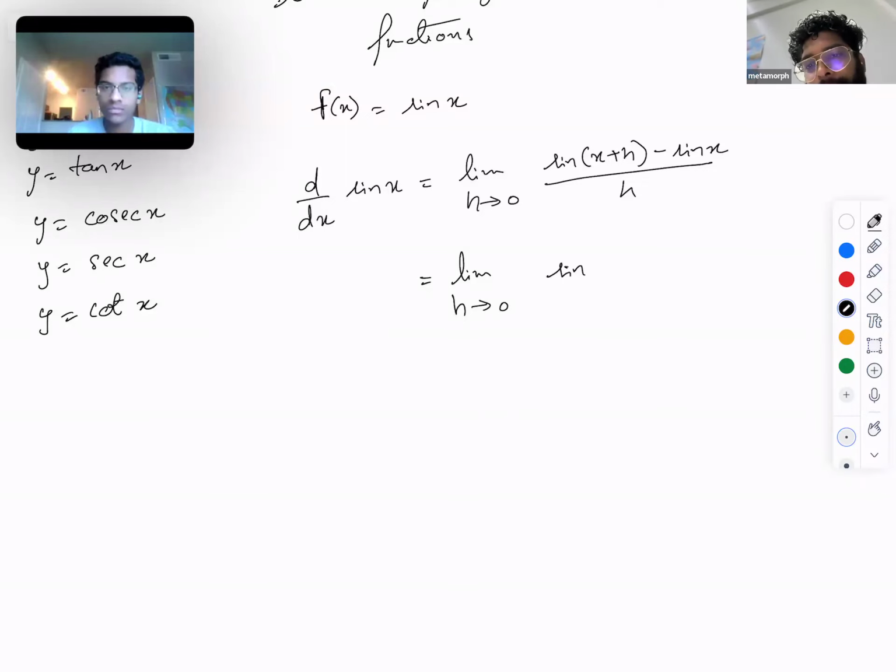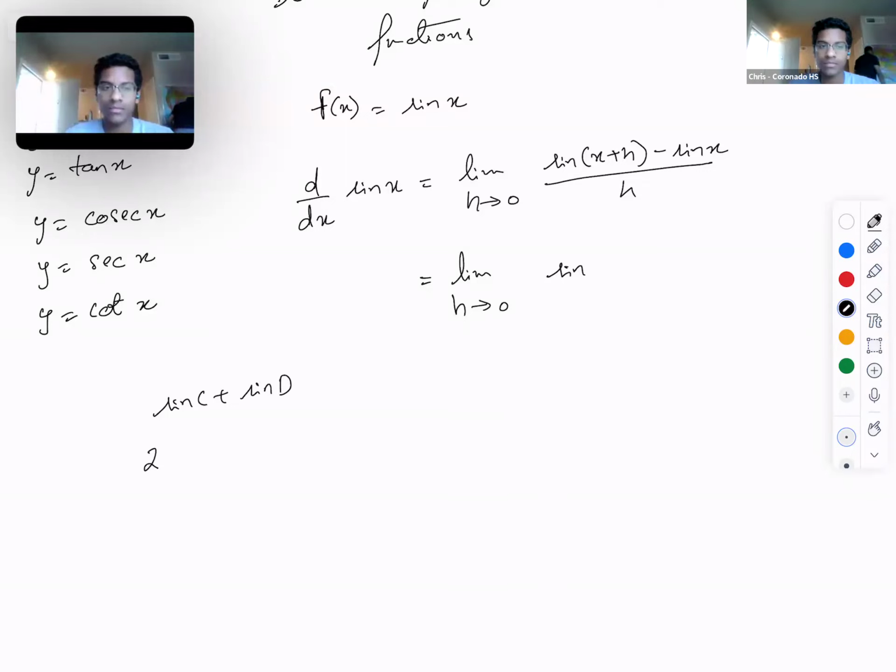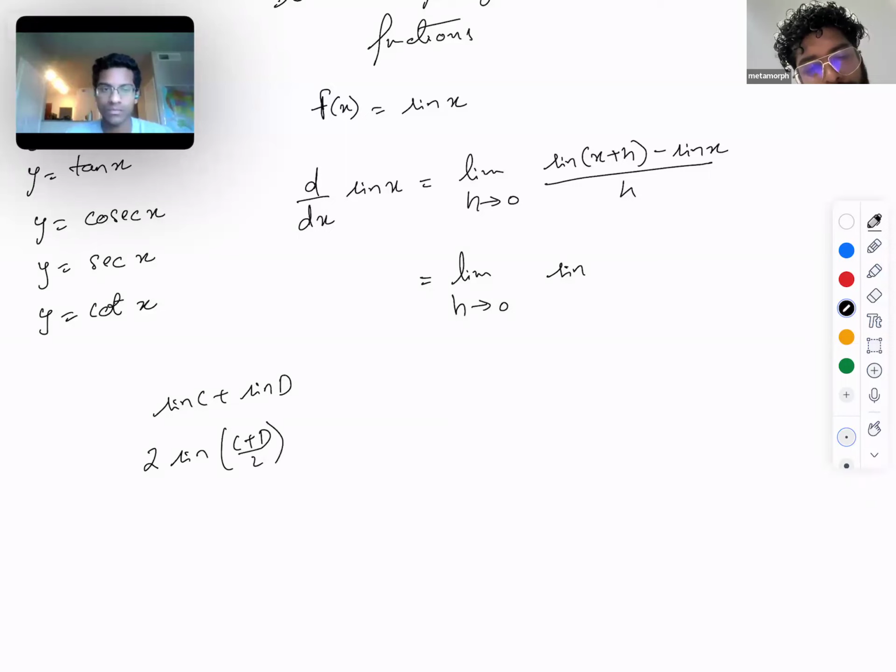That's sine c plus sine d that I'm going to use. Sine c plus sine d gives me 2 sine of c plus d upon 2 cos of c minus d over 2.